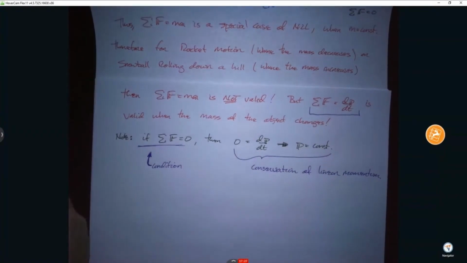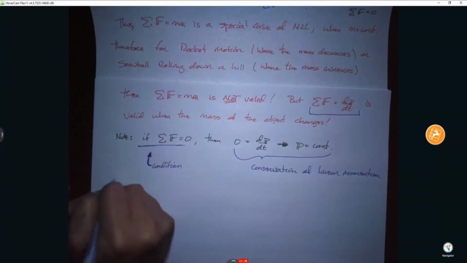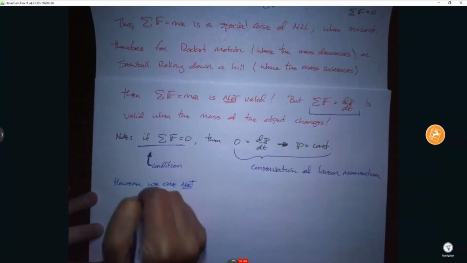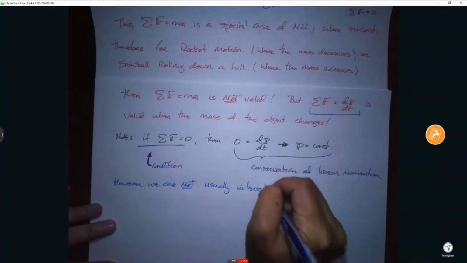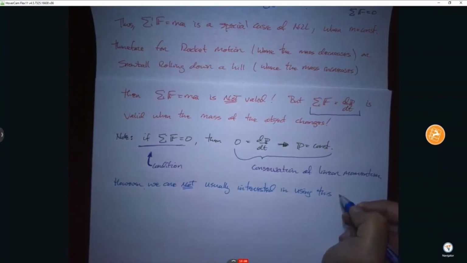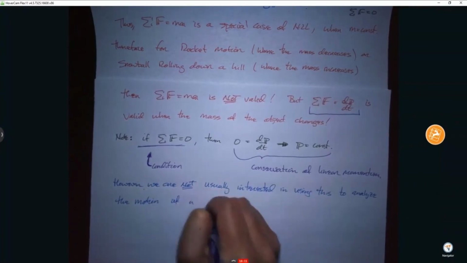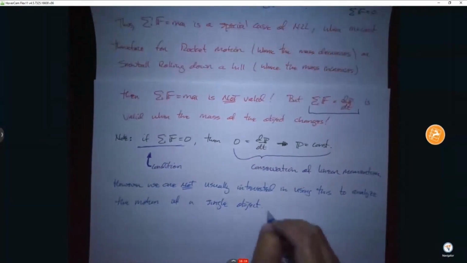Now, what we're going to find is that while we can get conservation of linear momentum, we're not usually interested in using it to analyze the motion of a single object.